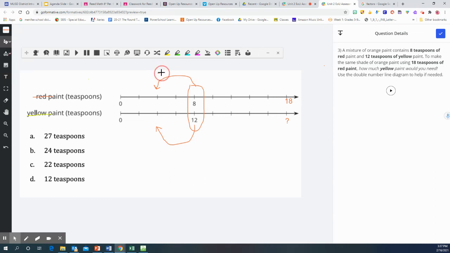If I divide 8 by 4 and I divide 12 by 4, is that going to give me something that I can then multiply to get to 18, and use to figure out this unknown number? So sometimes we have to go smaller to get bigger, and then see which of these makes the most sense. You are showing your thinking, so I need to see work that looks something like this.